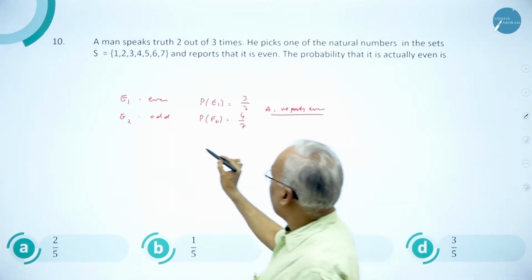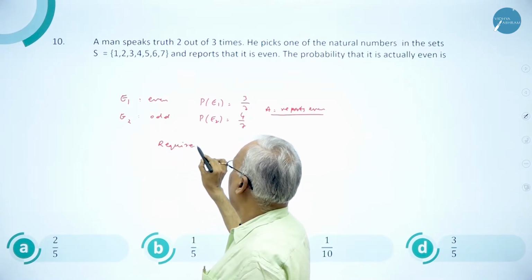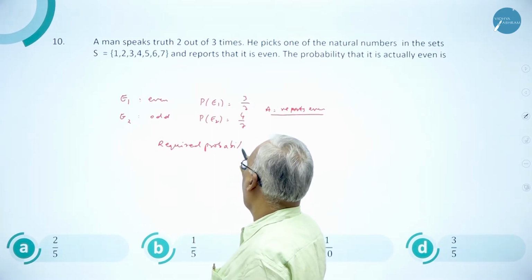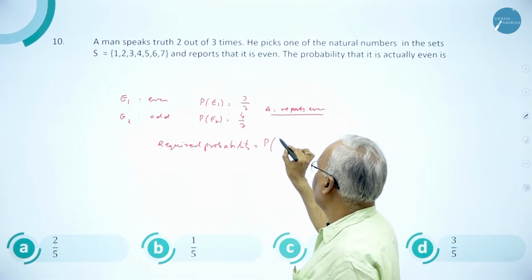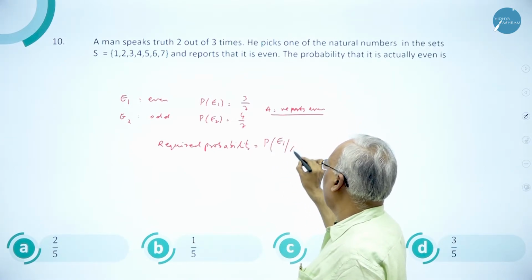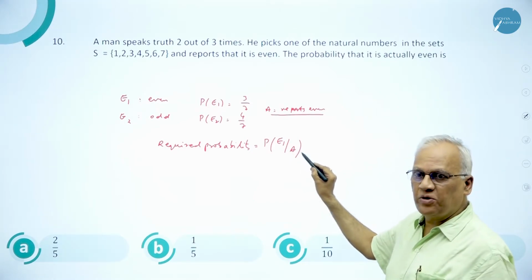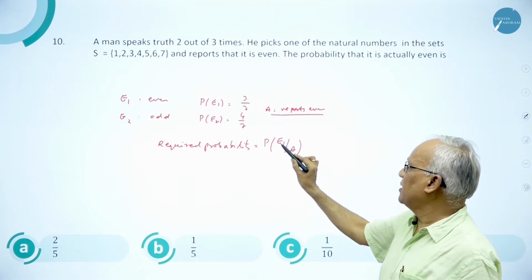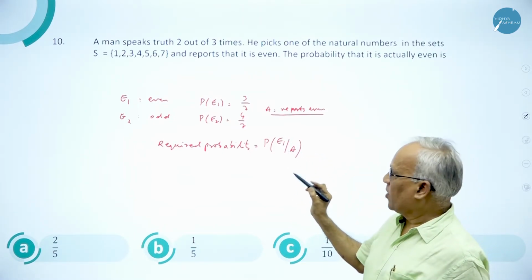Now, the required probability is probability of even given A. Please try to understand this. This is what happened: the man reports it's an even number, and what is the probability that it is actually even?